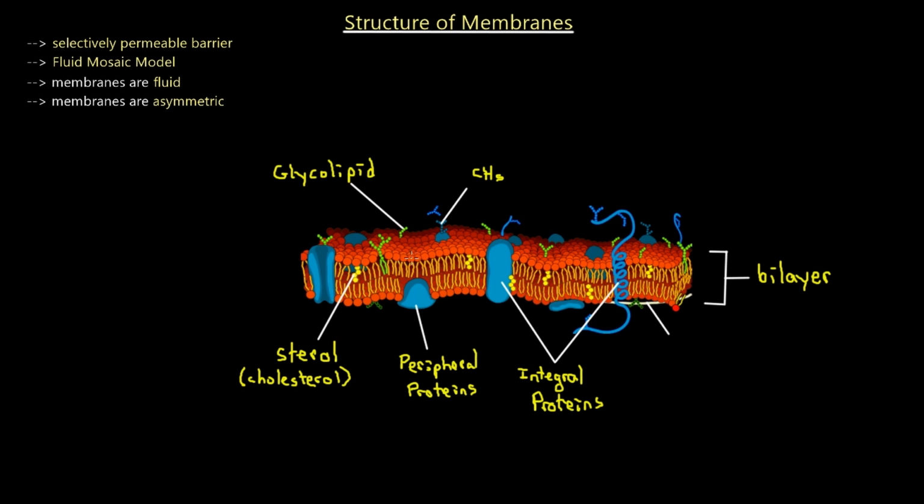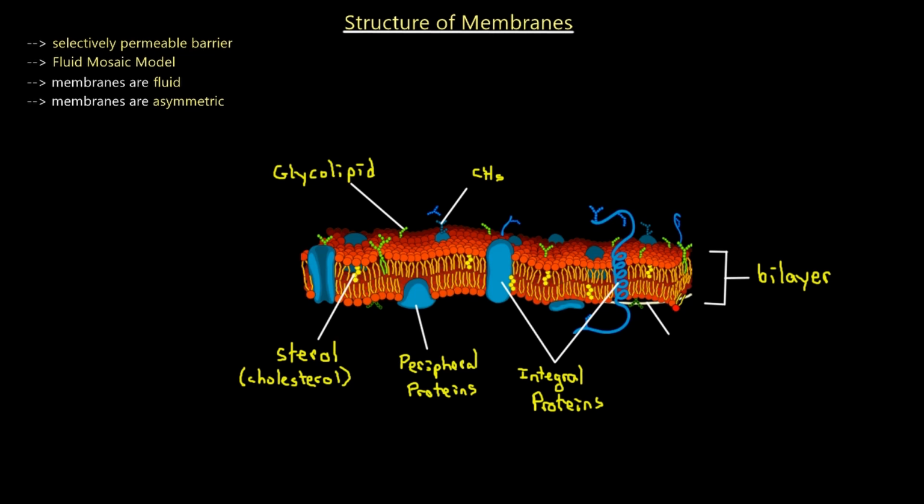So all of these little phospholipids are moving around and shifting back and forth, side to side, and shifting places within the bilayer, but this mostly happens on just a single side. It only rarely occurs that a lipid molecule flip-flops between the two layers. And we're going to talk a little bit more about what makes the membranes more fluid or more rigid based on the properties that it possesses.